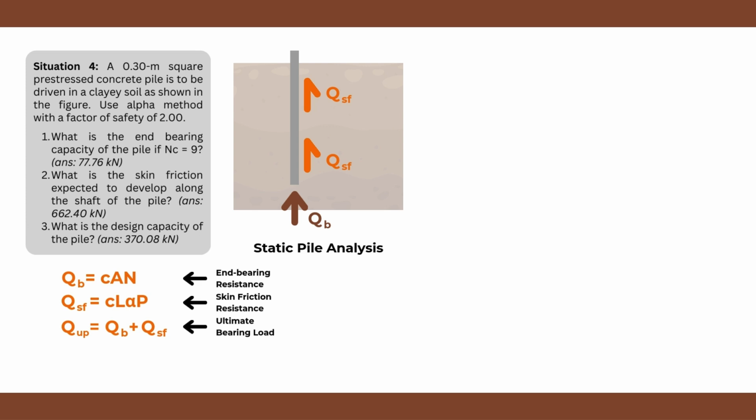Take note, kasi isa to sa mga usually na napagkakapalit ng ibang students, the difference between design capacity and our ultimate capacity is that si design ay ang allowable strength or yung reduced capacity for a safer usage. While si ultimate naman ay yung peak strength kung saan approaching limit na yung capacity pero tolerable pa rin niya yung resisting force. So basically, basta hindi pa factored yung value, automatic siya yung ultimate capacity natin.